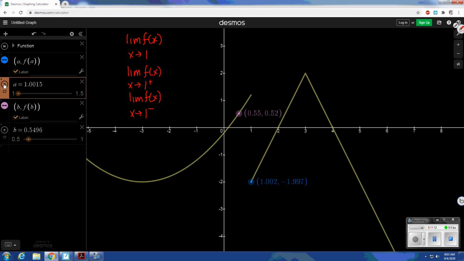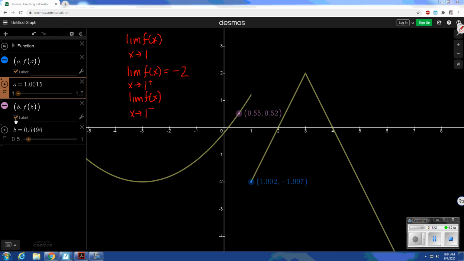Again, the answer to our limits is the y value of the coordinate the function is approaching as we trace along the function curve. As we trace along the function curve and x heads towards the desired value, what is the resulting y value of the coordinate that we're headed towards? So as we approach from the right, the one-sided limit from the right is equal to -2. I don't know if I said +2 earlier, but it should be -2.